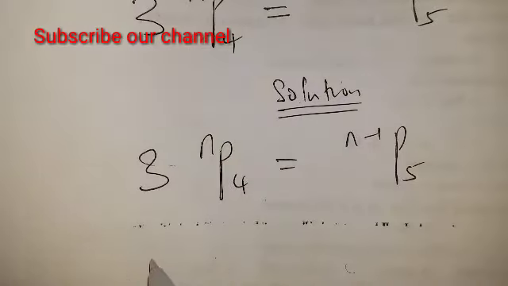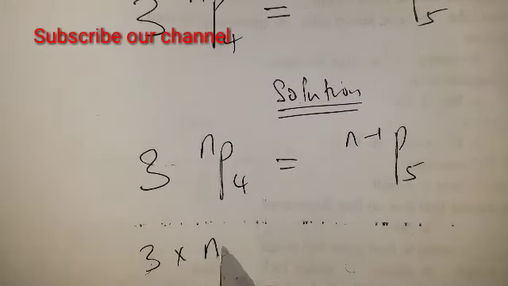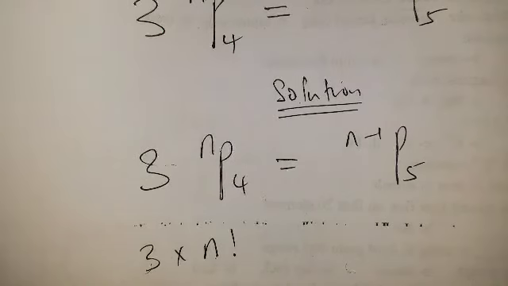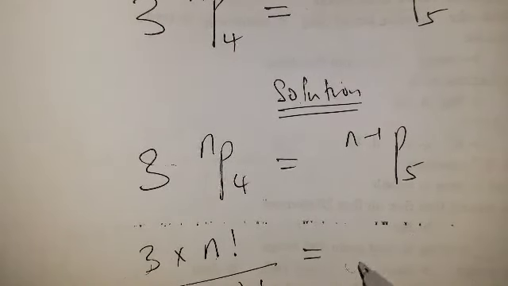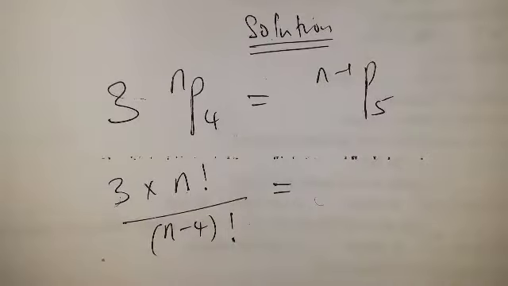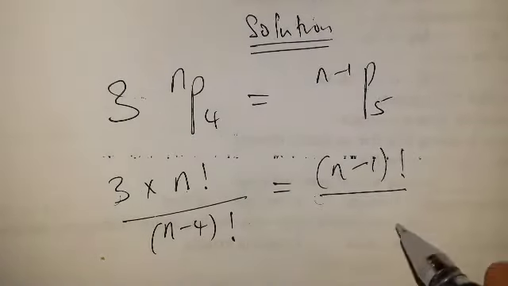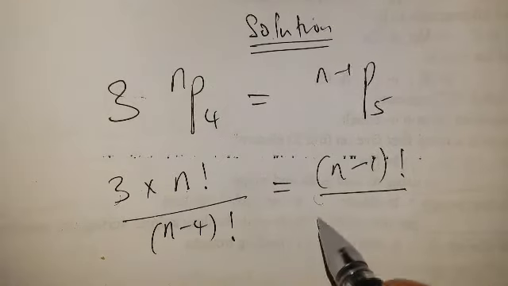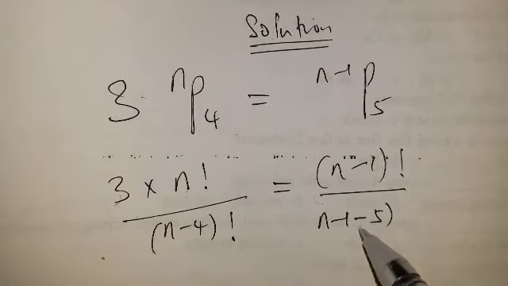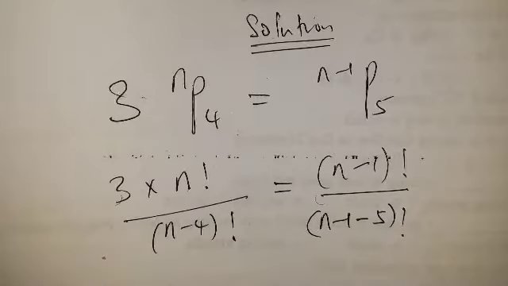So this is the same thing as 3 times n factorial over (n minus 4) factorial, which is equal to (n minus 1) factorial over (n minus 1 minus 5) factorial.